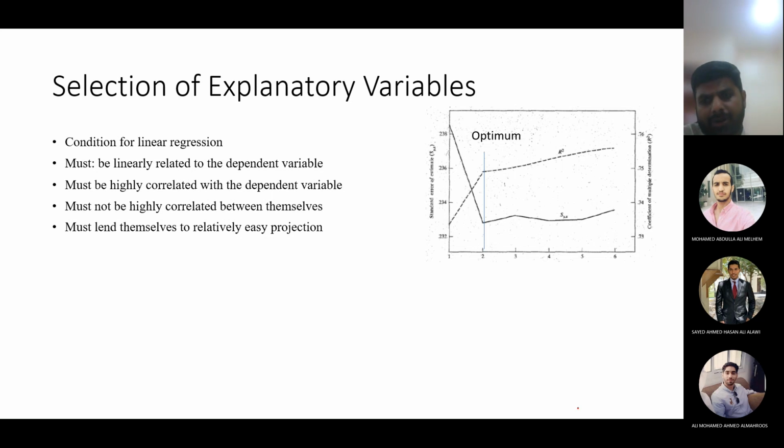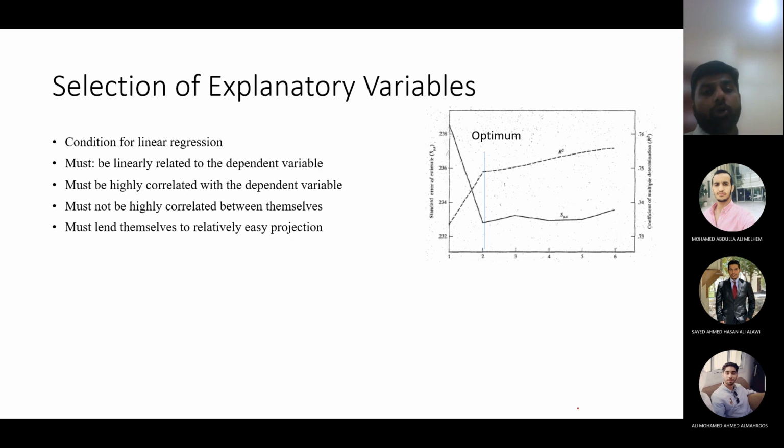This is very simple because we are assuming that the model is linear, so the relationship between dependent and independent variables must be linear. This is our first assumption. It makes sense, right? Because we are restricting ourselves to a linear model. Later on you may find that the linear model doesn't work, and you throw it away and go for non-linear models. It may happen, but you start from the linear model.